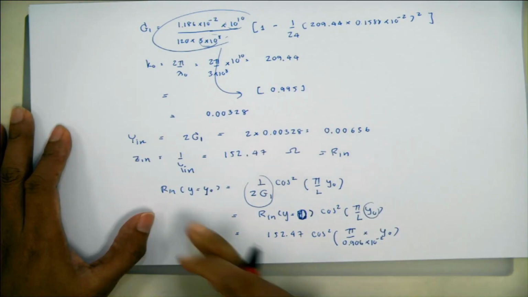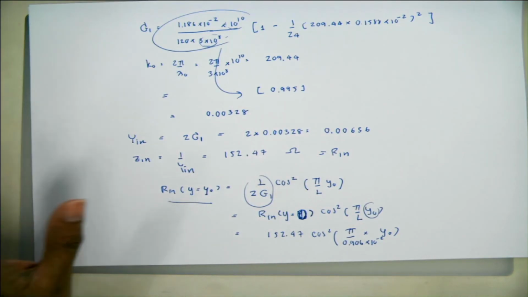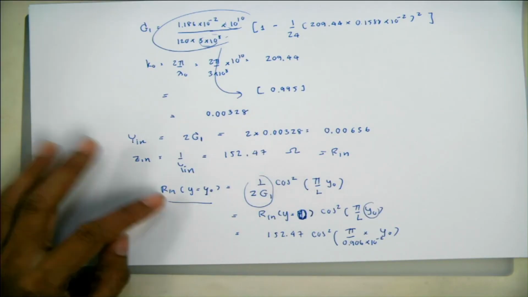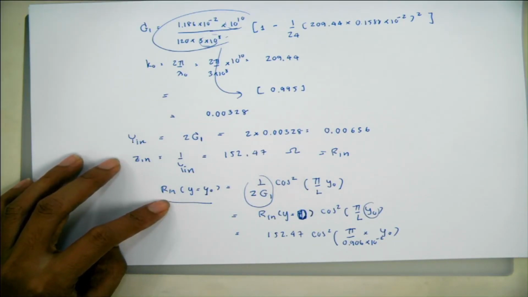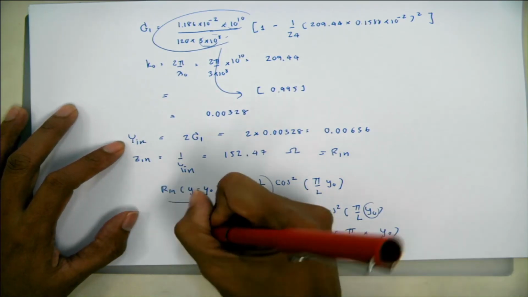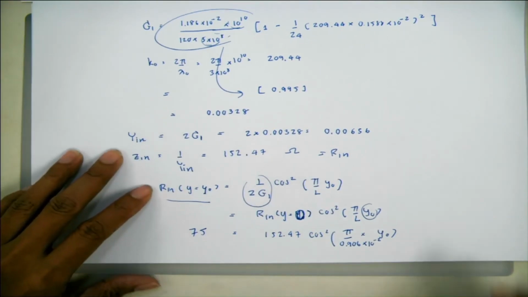This is the input resistance when you place the recess feed at the inset position. We want it to match the characteristic impedance of the microstrip feed line, which is 75 ohms, so we place 75 ohms here. And then we just solve this equation.